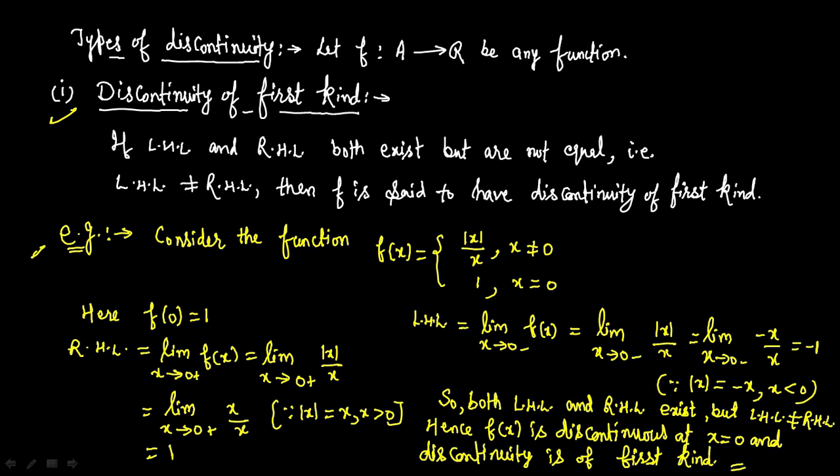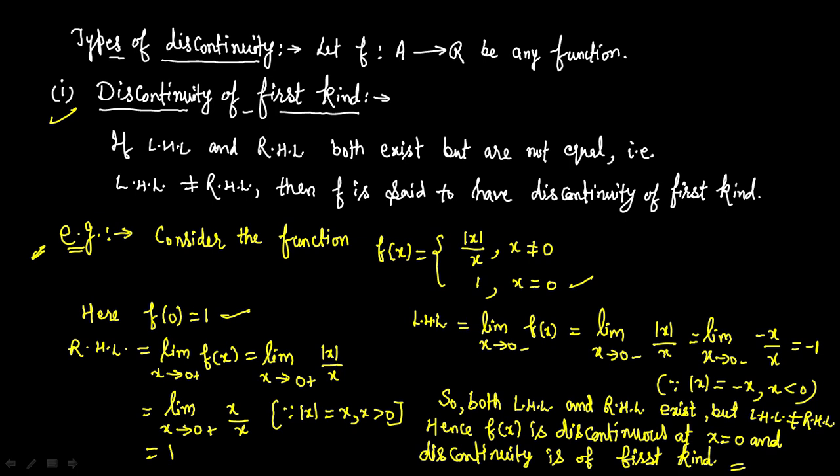To understand the definition of the first kind, look at this example. Consider the function f(x) equal to mod x by x, for x not equal to 0, and 1 if x is equal to 0. So here f(0) is equal to 1, because at x equal to 0 we have written f(x) equal to 1. Now compute the value of RHL and LHL. If you compute RHL, you get limit x approaching 0 plus of f(x).